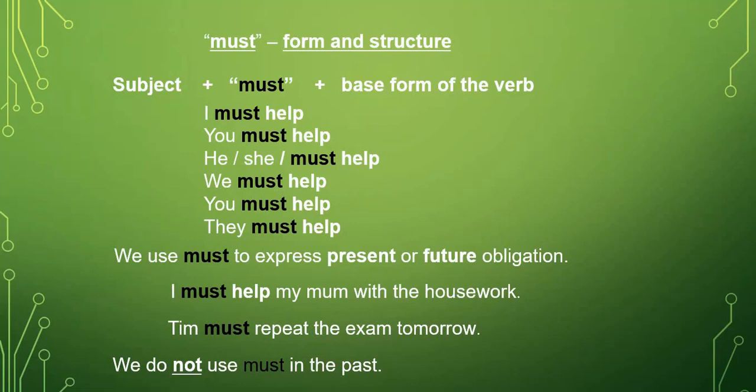So it's exactly the same form, but now we are talking about the future. And to make that fair, we have to use the word tomorrow. Alright? Tomorrow is obviously in the future. We do not use must in the past. Alright?